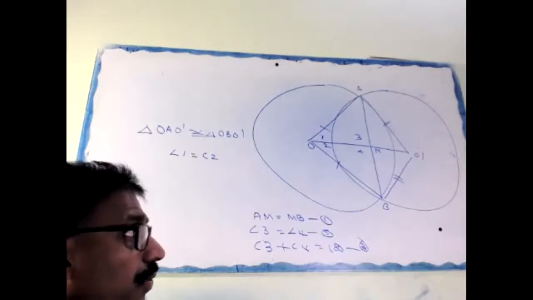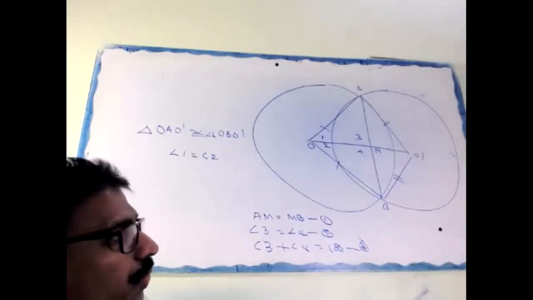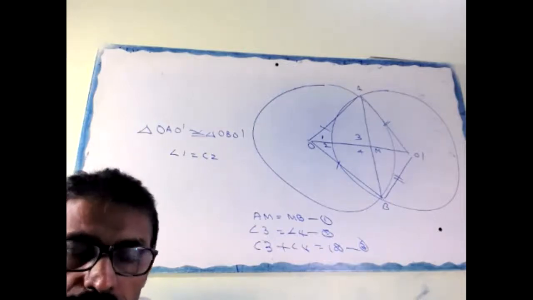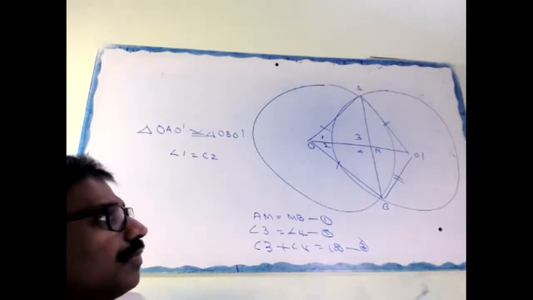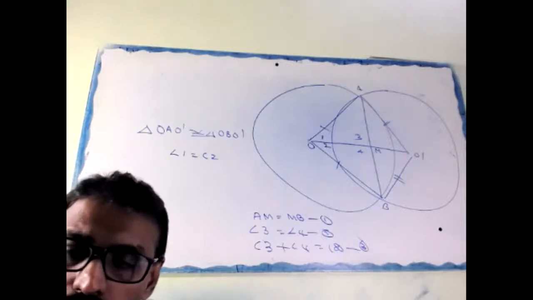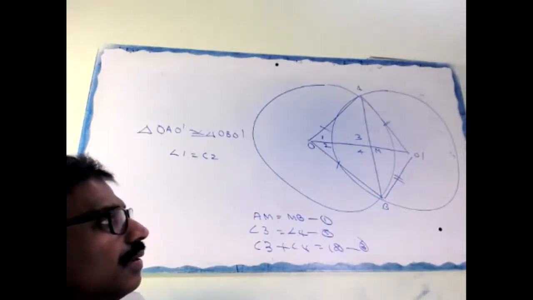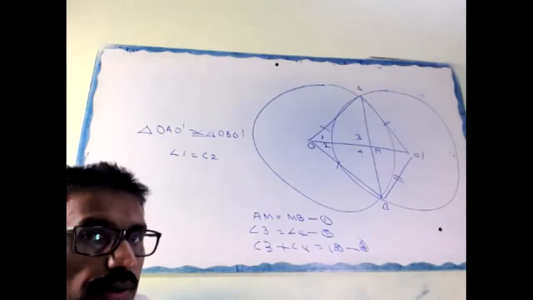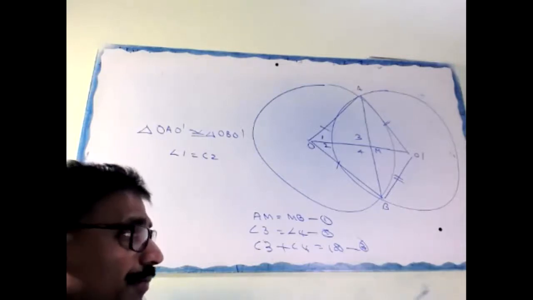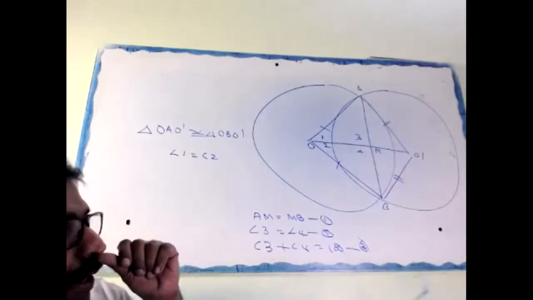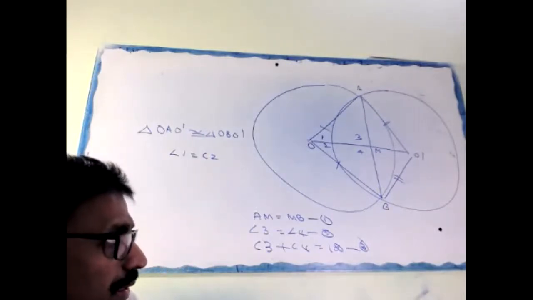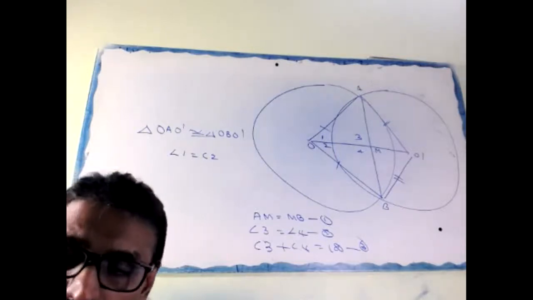In triangles OAM and OBM, OA equal to OB, radii of the same circle. Angle 1 equal to angle 2, proved. OM equal to OM, common. Therefore, triangle AOM is congruent to triangle BOM, SAS congruency. Hence, AM equal to MB, CPCT.